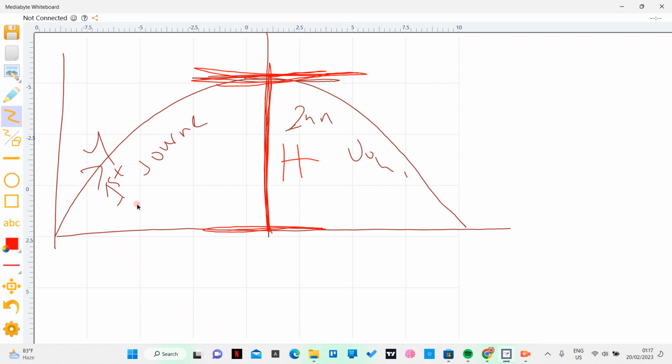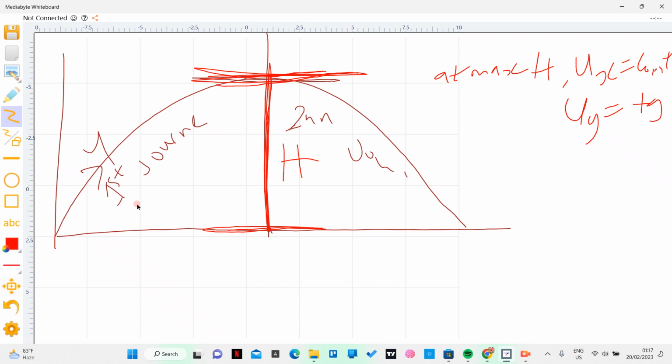At maximum height, take note of all this. The horizontal velocity remains the same, is constant. That's ux is constant, while the vertical acceleration becomes plus g. Take note, it does not become minus g, it becomes plus g.